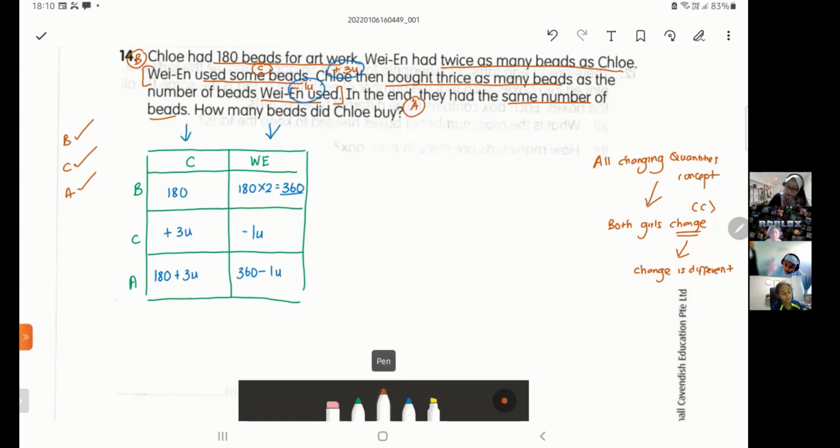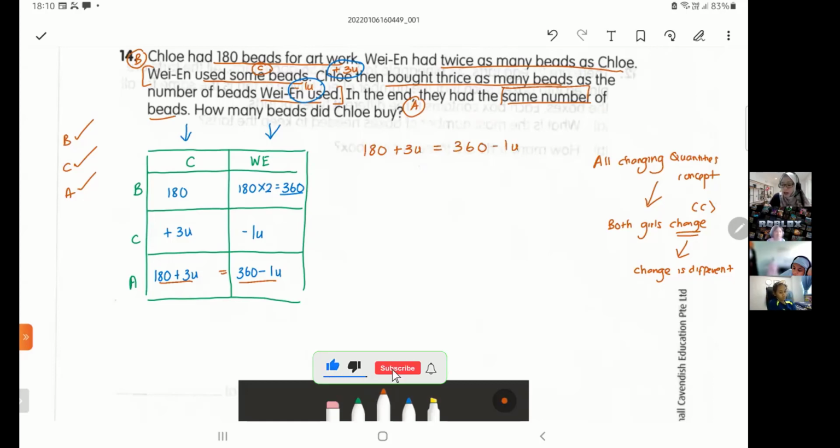And then in the end, the after, they have the same number, which means this is equal to this. Plug it out. 180 plus 3 units is equal to 360 minus 1 unit.